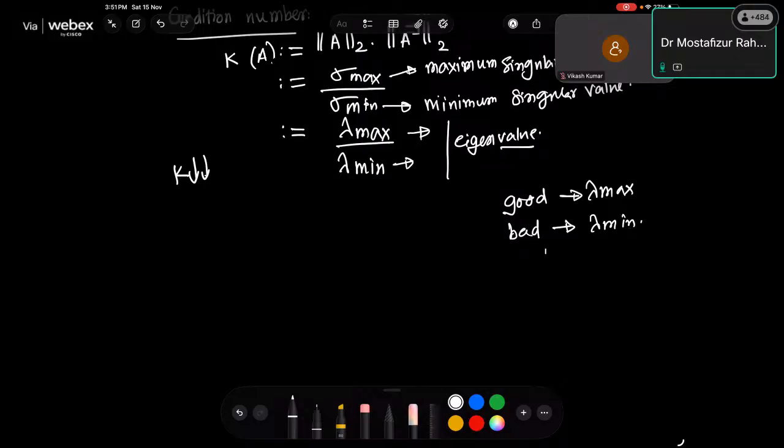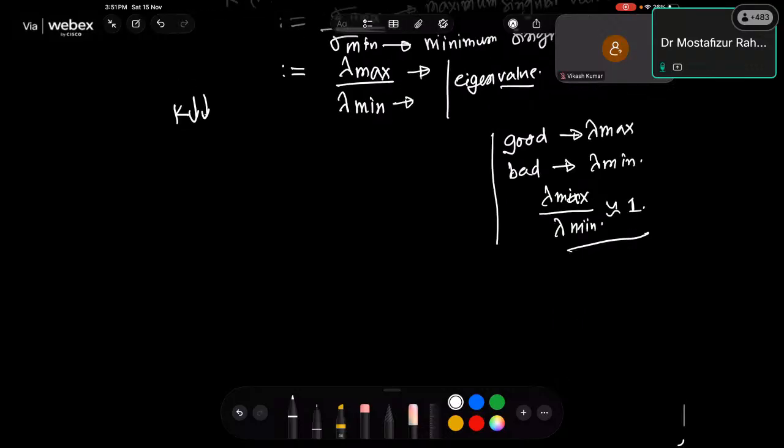If the ratio is closer to 1, then you are in good condition. Otherwise, if you are very happy in good times but you are broken down in bad times, that means you are not in good condition. This is very true for the health of a human body or health of any system. So that's why this lambda max and lambda min is pretty good.